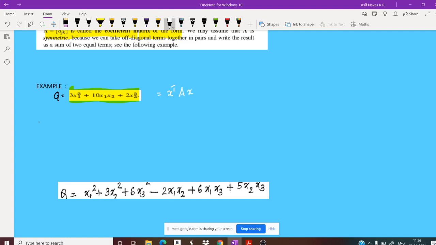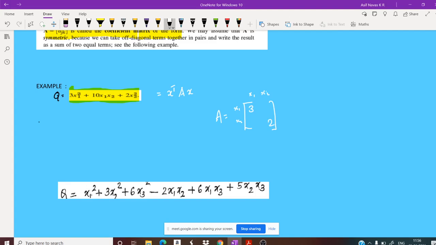First we will find what is A. I am writing here x1 x2 on both sides. The coefficient of x1 square is 3 here, and x2 into x2, x2 square's coefficient, is 2.